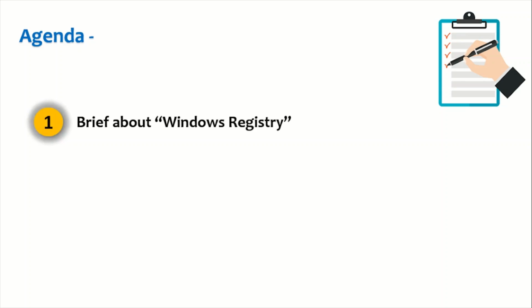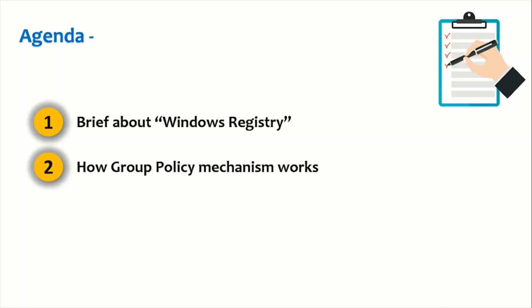And in today's session we'll discuss Windows registry and how the group policy mechanism works. This is a very important session. We'll understand what is Windows registry, and we'll also understand the group policy mechanism, how it works. So let's get started.